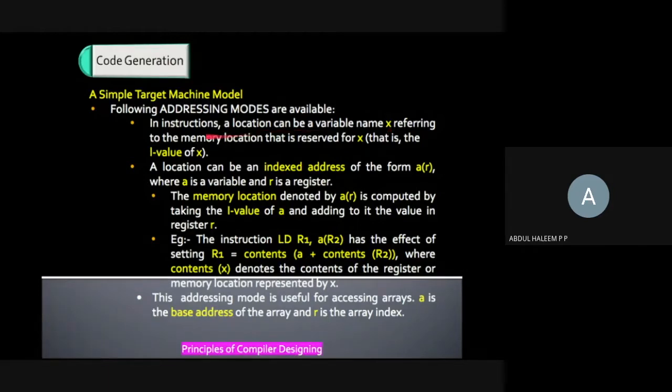That is called the L value of X. So whenever we have a memory variable, we remember that all memory variables will be in a memory location. Whether that memory variable value will be temporarily kept in a GPR or not is an issue with the compiler and the operating system. We don't know about that.